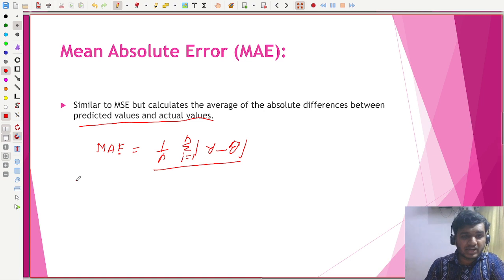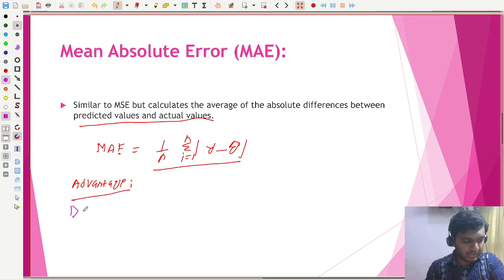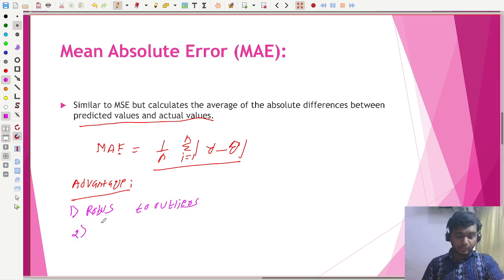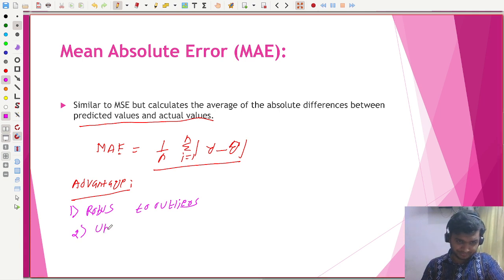So what are the advantages of mean absolute error? Okay, we'll discuss. First one is it is robust to outlier. Okay, and second advantage is units are same. Okay, units are same.